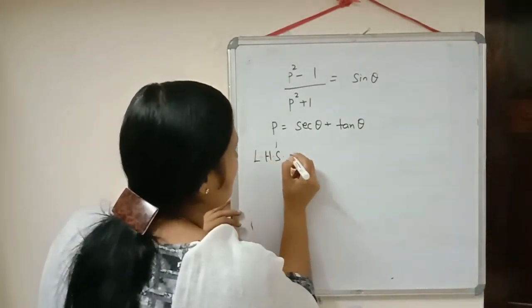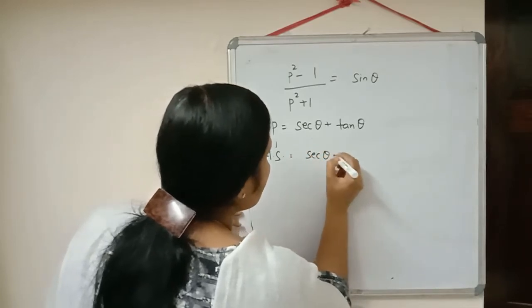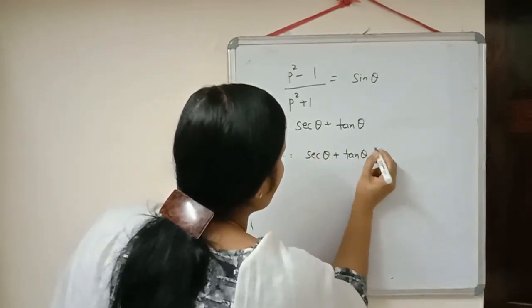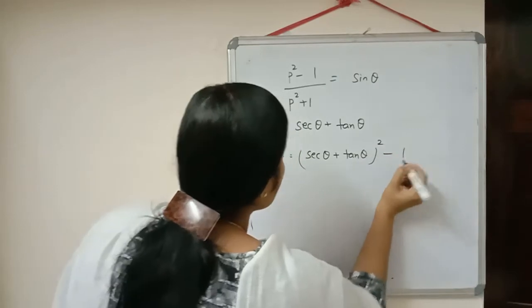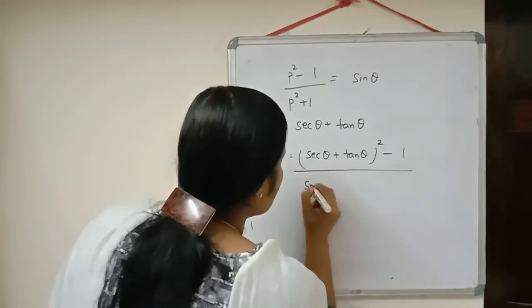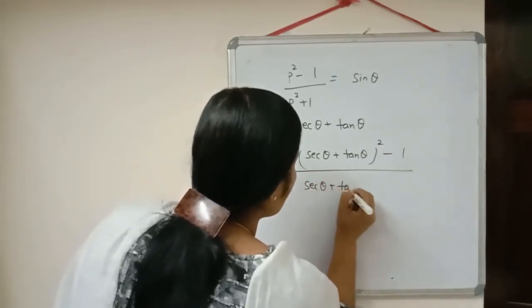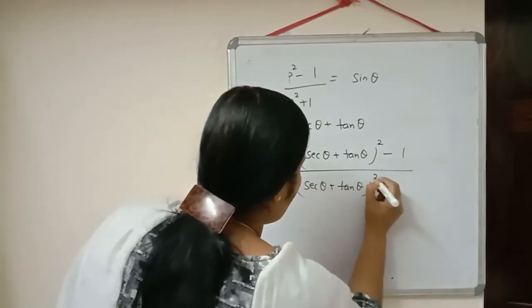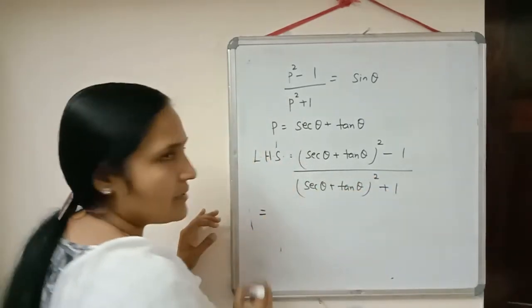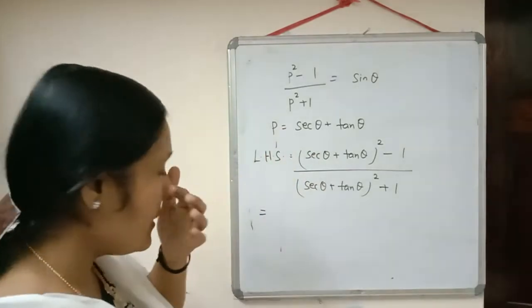Left hand side. So it will be equal to sec theta plus tan theta the whole square minus 1 by sec theta plus tan theta the whole square plus 1. Directly substituted the value. Now use the identity. What will come?